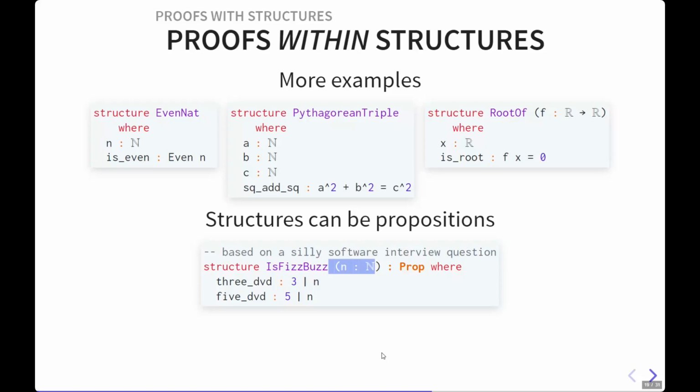Okay. But I'm confused by what you wrote. You said this colon Prop, what does it mean? Sorry, yes, this colon Prop is telling Lean, so normally you can actually write colon Prop or colon Type on any structure, and by default, Lean will just work it out for you. But it doesn't work it out for you for propositions, and in particular, if you didn't write colon Prop here, then is-fizz-buzz would be a type, which is mostly okay until you want to show that is-fizz-buzz n if and only if 3 divides n and 5 divides n, and then Lean will give you an error saying iff doesn't work with types, it only works with Props.